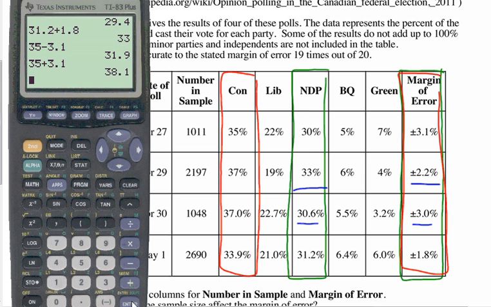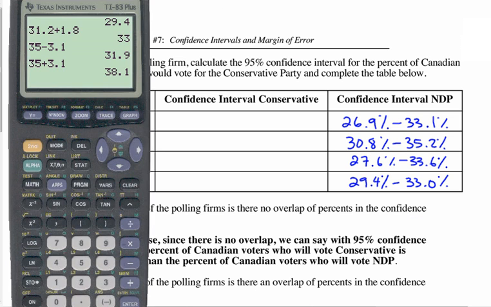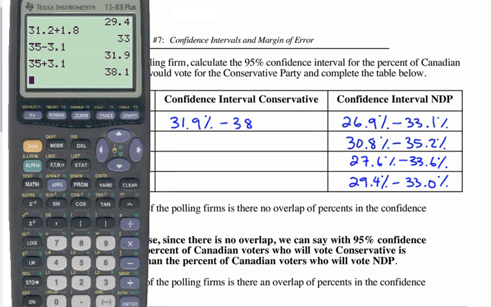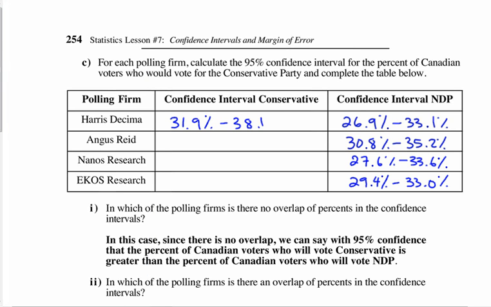So the first range would be 31.9% to 38.1%. Write that down. 31.9 to 38.1%.